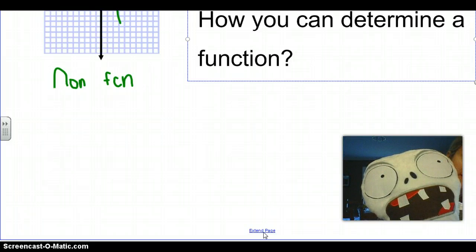We have our vertical line test, and so if you're going to use that as your answer, you want to make sure you explain how the vertical line test works. That when you draw a vertical line anywhere on the graph in multiple places, it only goes through it once. Or you can explain what the domain is, that it's all the x values, and that the domain, the x value can only occur once. If it occurs more than once, that means it would not pass the vertical line test, therefore it's not a function.